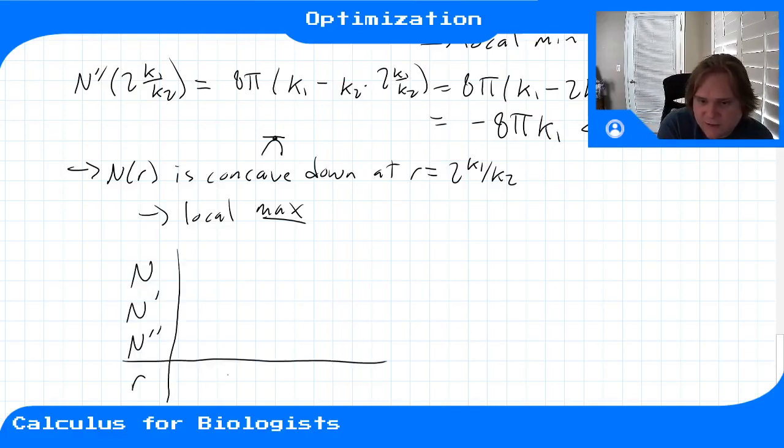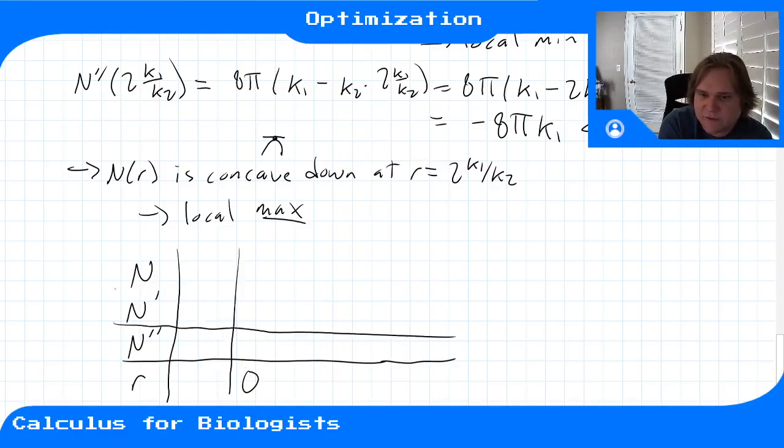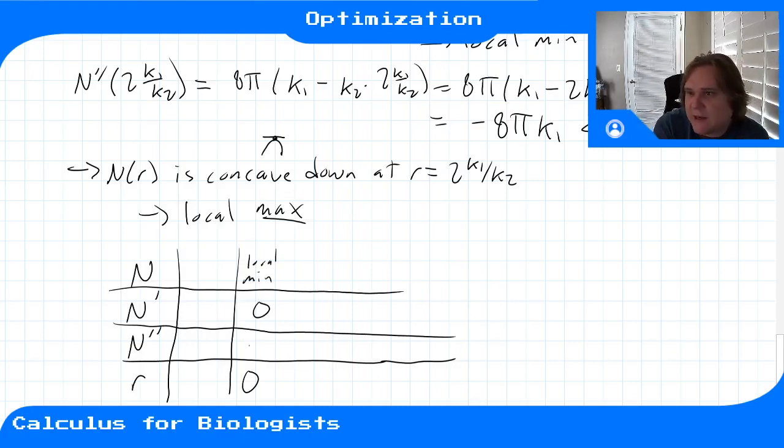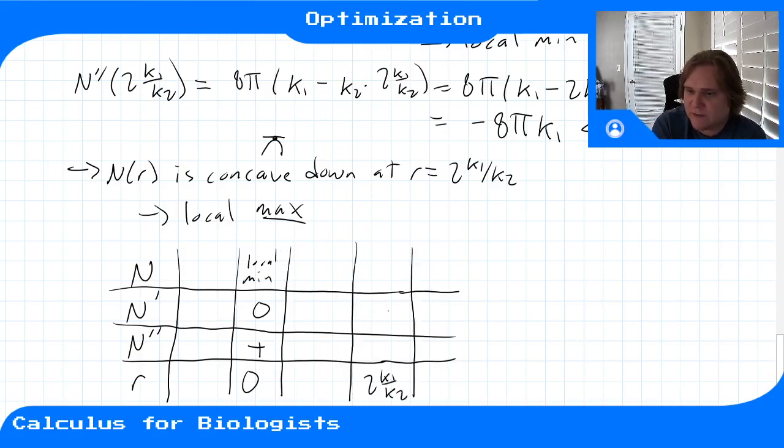So at r equals 0, we have first derivative is 0. This is our local min. We said the second derivative was positive here, so it was concave up, which meant it was a local minimum. And then at our other point, which is 2k1 over k2, we said that was where the first derivative was 0, but the second derivative was negative, which means that this was our local max.